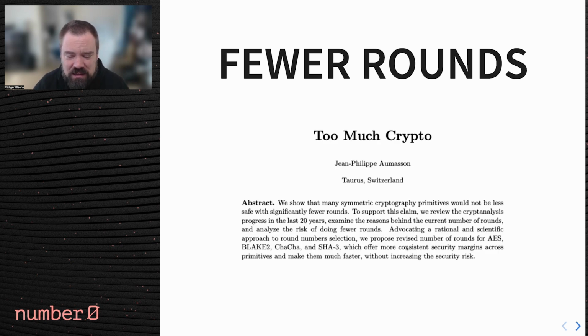And the second thing that it uses to get very fast is that it's using fewer cryptographic rounds than other hash functions. If you want to know more about this aspect, there's a paper called Too Much Crypto, where that is explained in more detail. But that's not the topic of today.